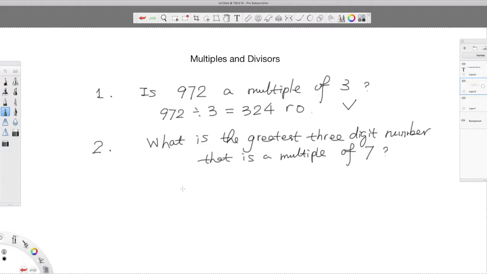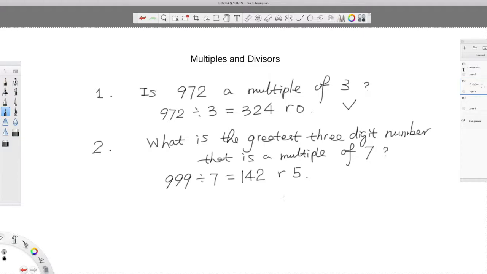The first thought should be, what is the greatest 3-digit number? That is clearly 999. And you want to check if 999 is a multiple of 7. The fact is, it's not. If you divide it, it's 1, 4, 2, remainder 5. All right, so you know that this is not a multiple of 7.